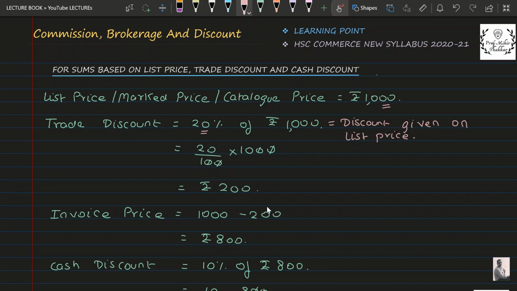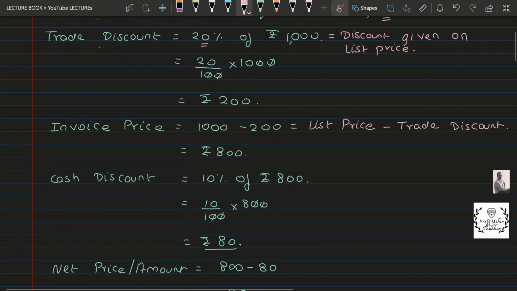The next thing is the invoice price. How did we calculate the invoice price? We just took the difference between the list price and the trade discount. So I get a formula for the invoice price, which is equal to list price minus the trade discount.